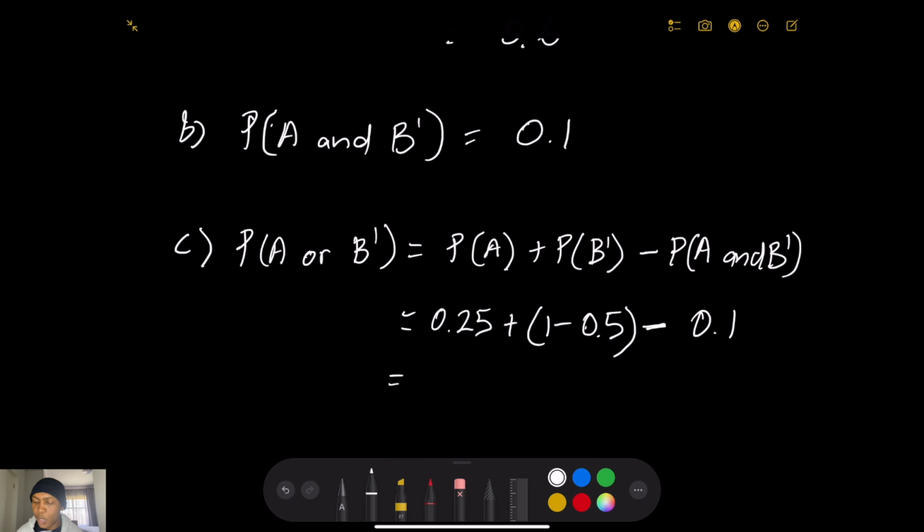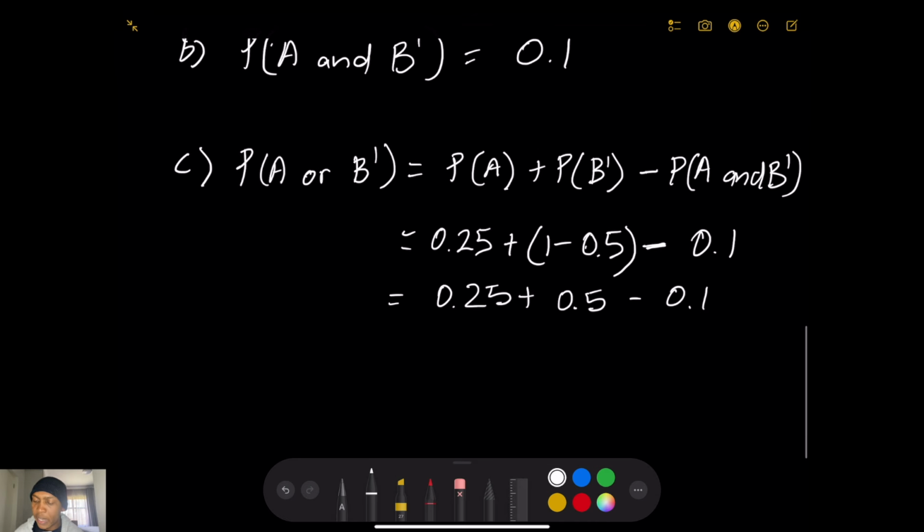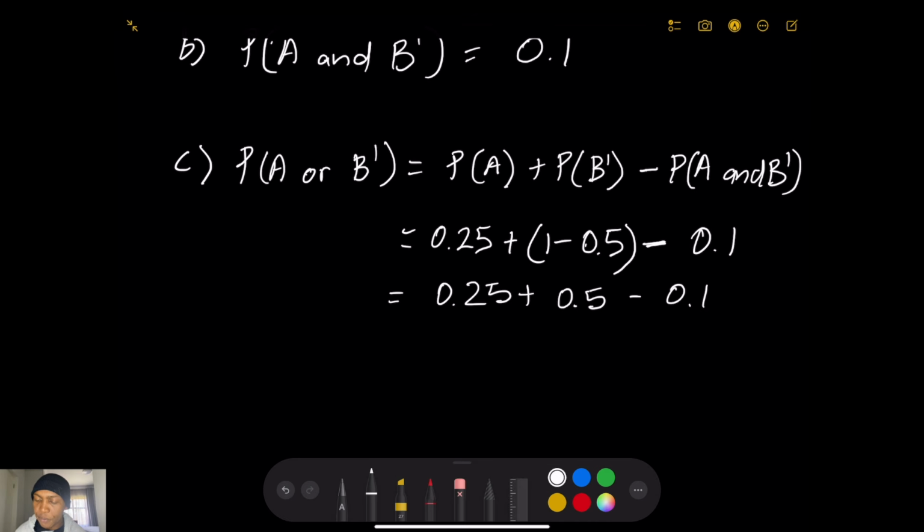Okay, so what you have there is 0.25 plus 1 minus 0.5 is 0.5. So we've got 0.25 plus 0.5 minus 0.1. And in this case, 0.75 minus 0.1, that would give us 0.65.